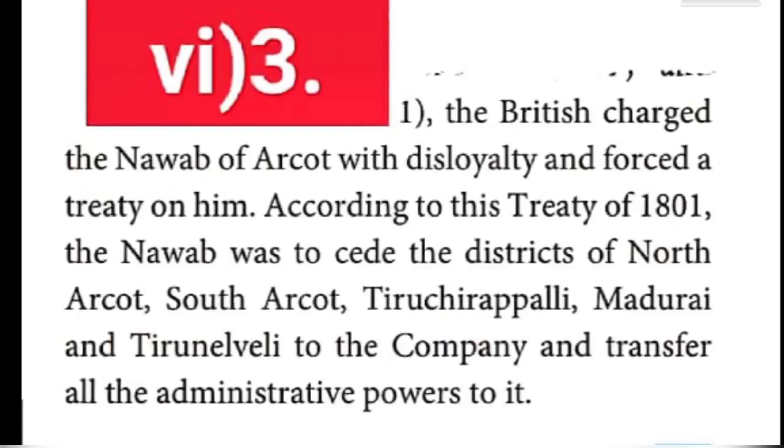The British officers charged the Nawab of Arcot with disloyalty, saying you have no loyalty to us, and forced a treaty on him. So the Nawab of Arcot signed the treaty in the year 1801 because of the compulsion of the British.